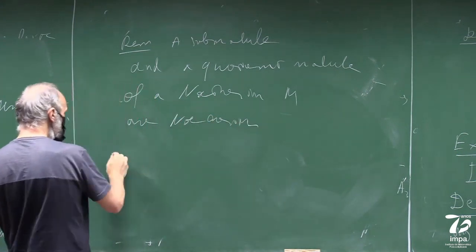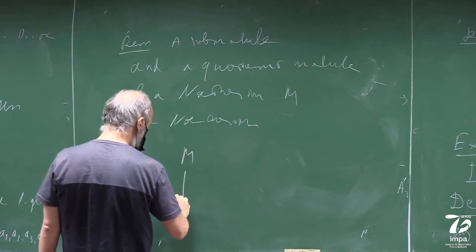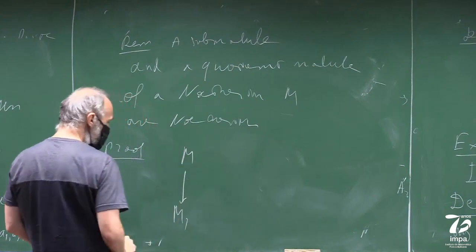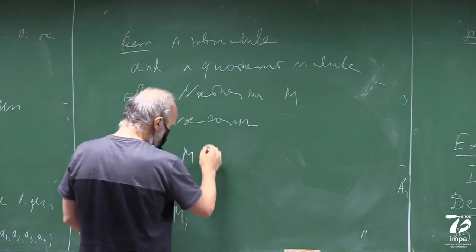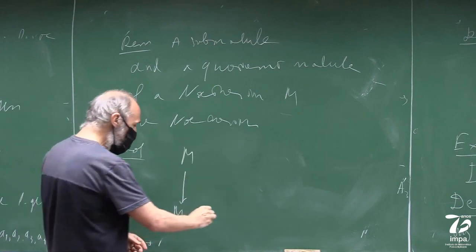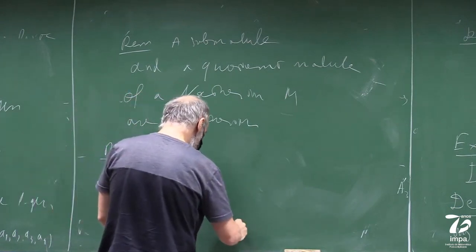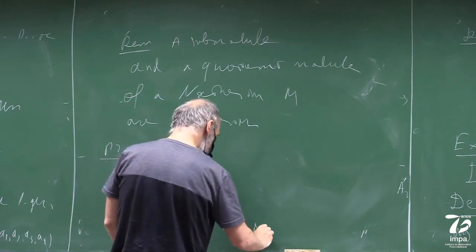Well, so proof. If you have M goes to M1, for instance, surjectively, and you have a chain of submodules there, you can just take a pre-image of this chain of submodules. It will be M1 inside M2, inside and so on.